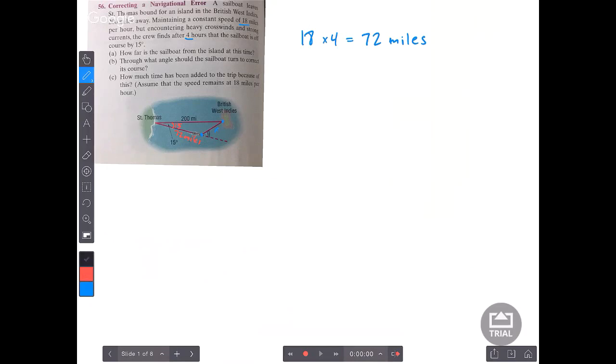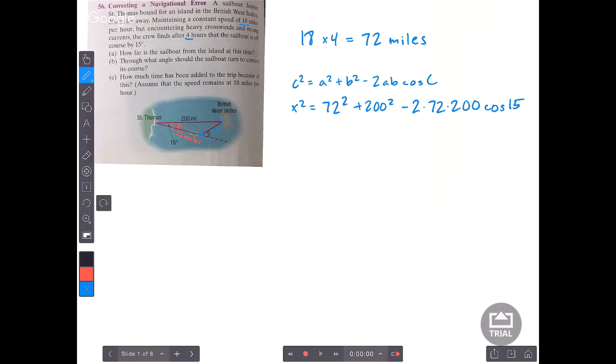I'm going to say that in this case, because I know that c squared equals a squared plus b squared minus 2ab cosine of c, that x squared is going to equal 72 squared plus 200 squared minus 2 times 72 times 200 times the cosine of 15, which means, well, heck, I'm with Colby.